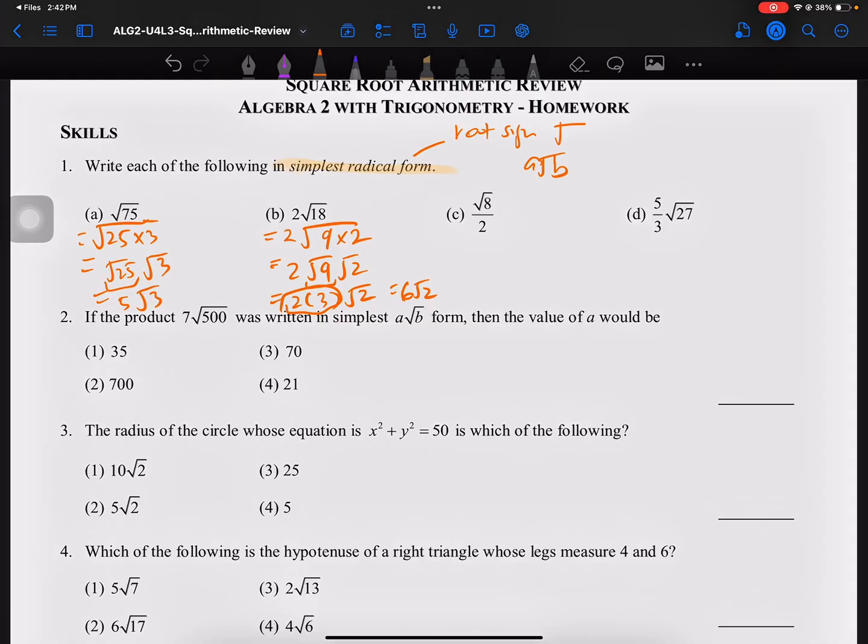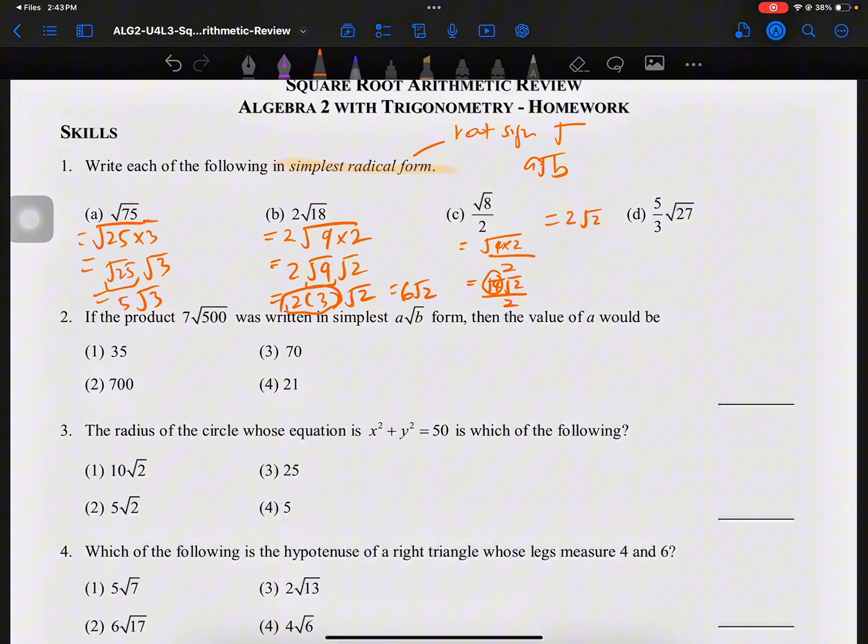Okay, next C. So we have a fraction, √8 over 2. First, we simplify the radical. Find a perfect square inside 8. 8 is 4 times 2, and 4 is a perfect square. So it is √(4 × 2) over 2, √4 √2 over 2. √4 is 2, so we change this. 2√2 over 2.